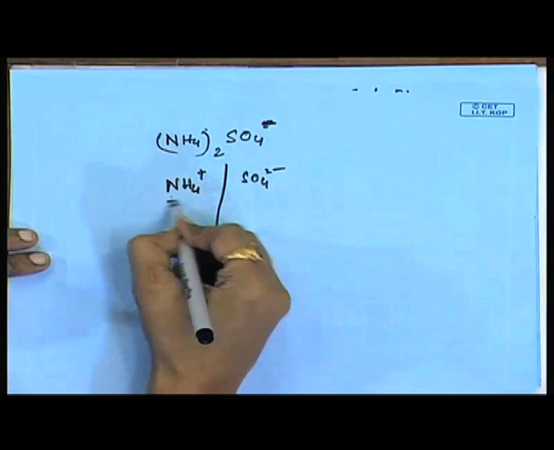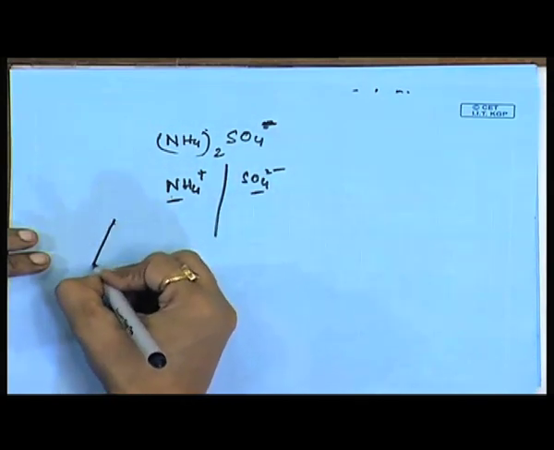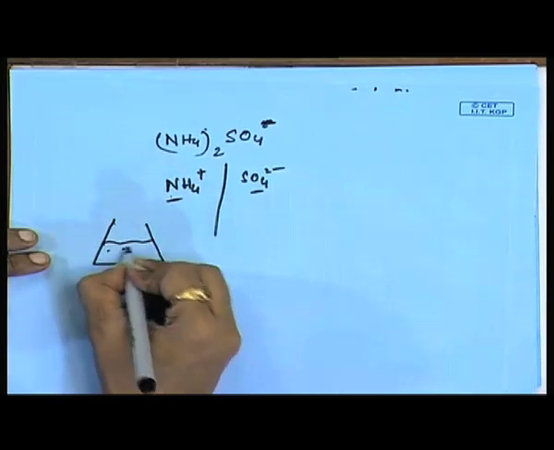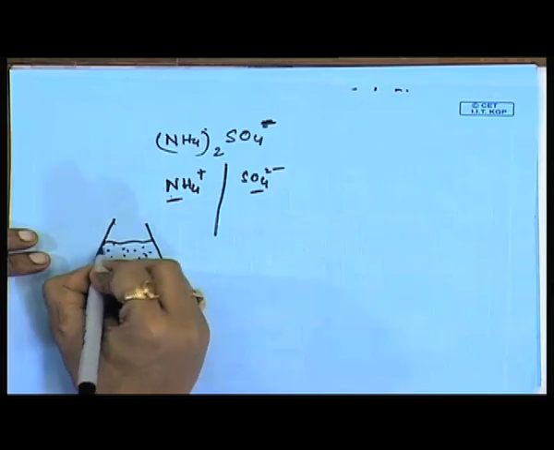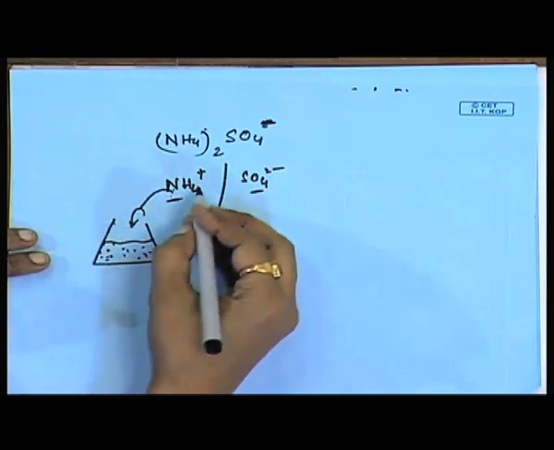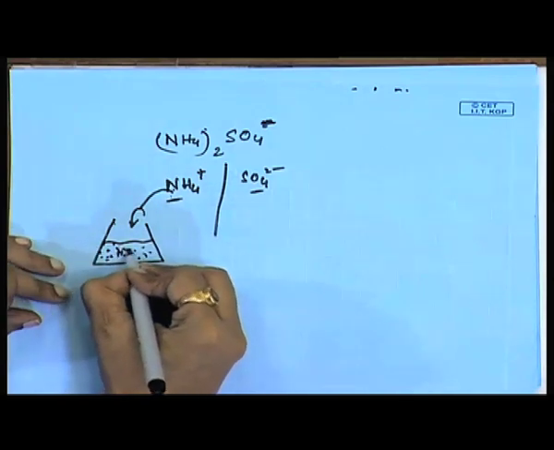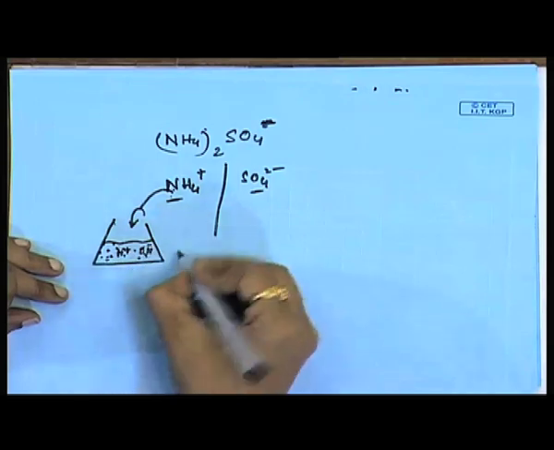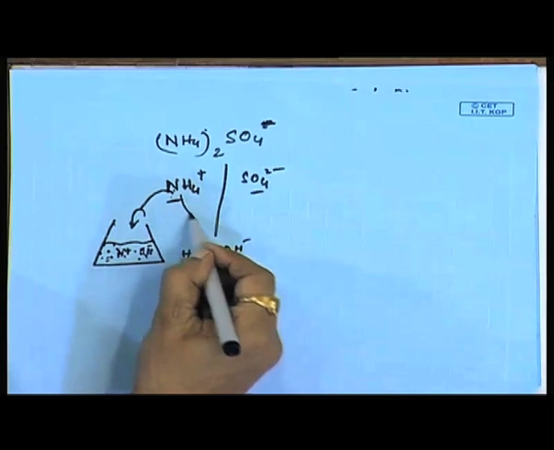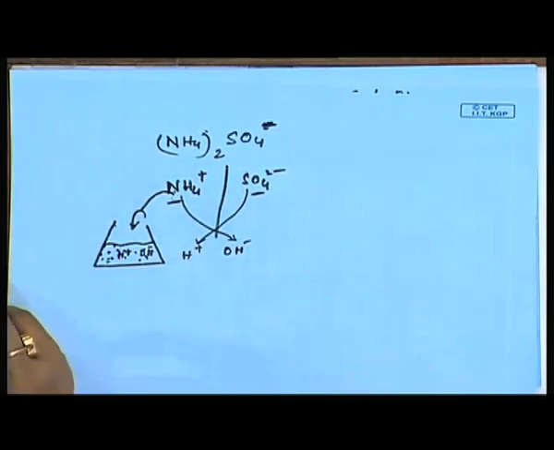In its ionized form, when it comes in contact with water along with the soluble protein, and we add this ammonium sulfate, the water in ionized form is H plus and OH minus. These ions come and bind.